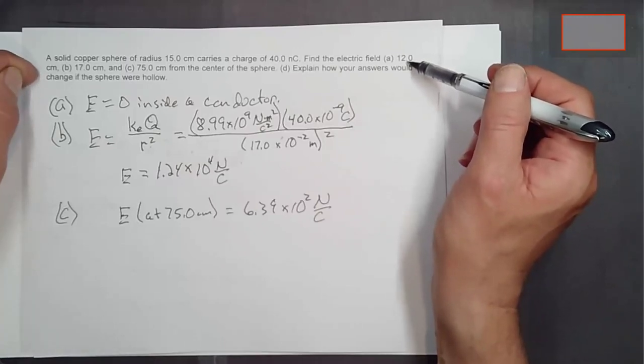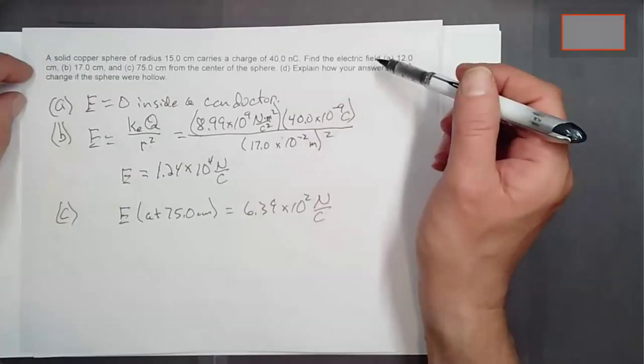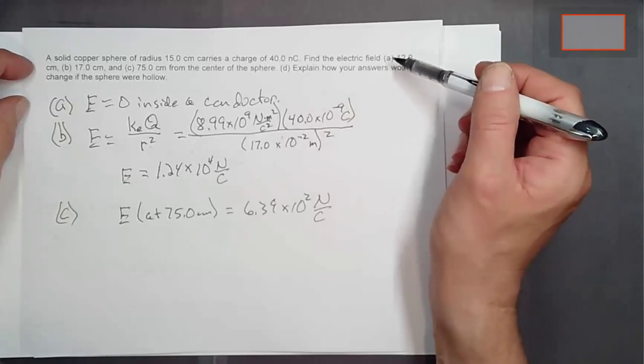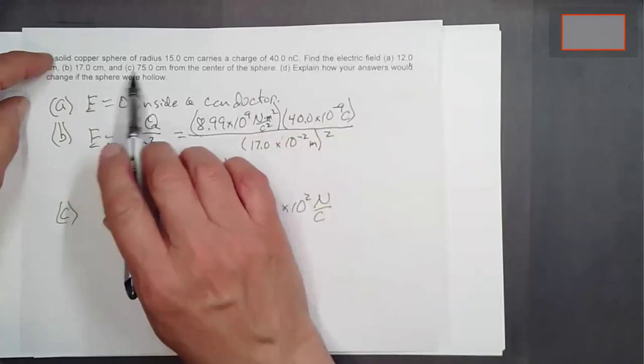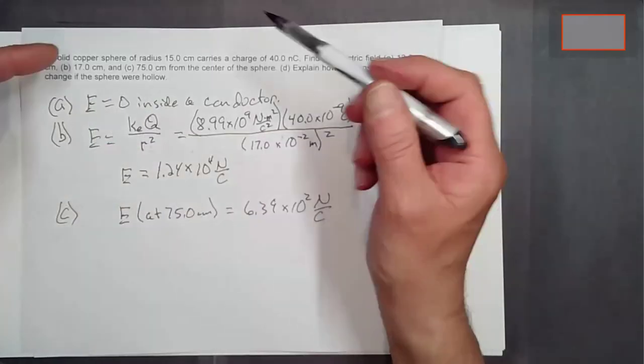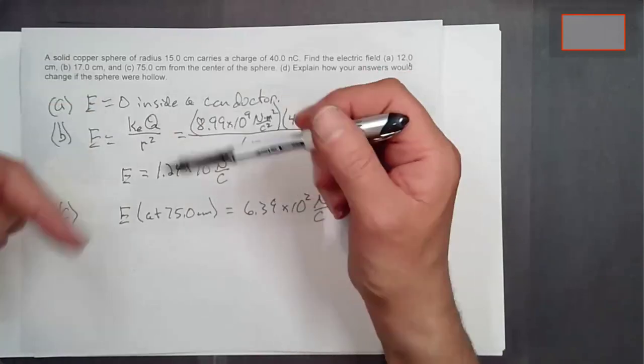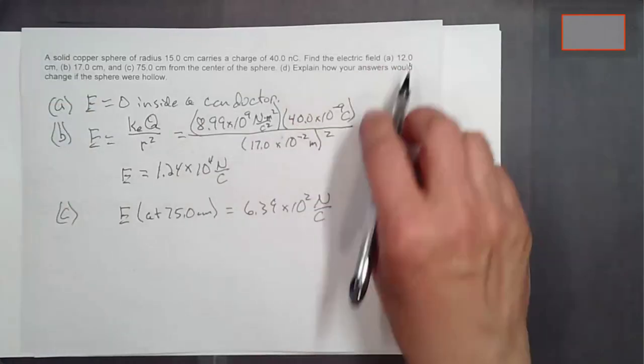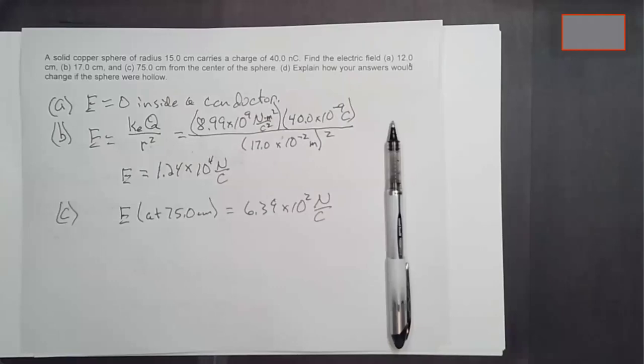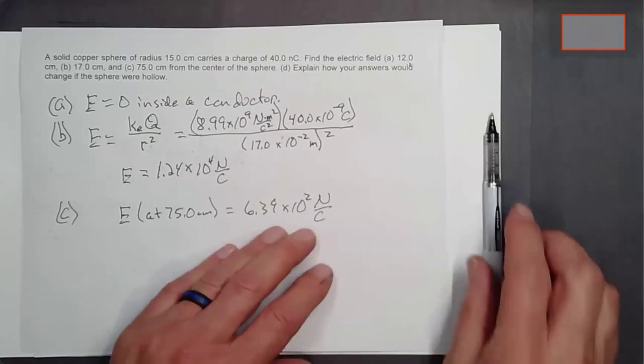The charge all resides on the outer surface of the sphere. So answers B and C aren't going to change at all. You still have the same amount of charge on the thing, and nothing changes for that if the sphere were hollow. Still not so bad there either.